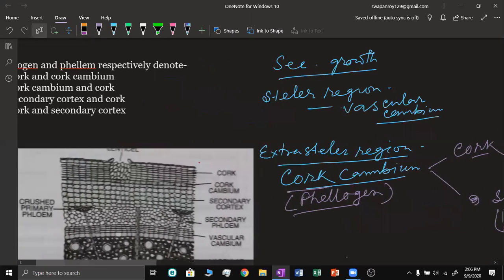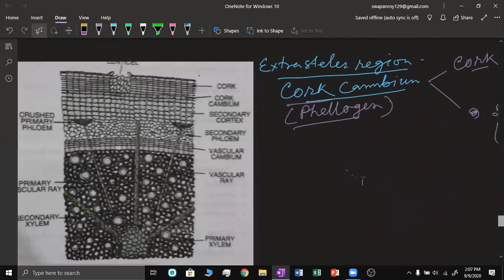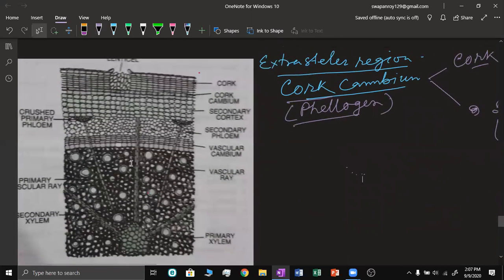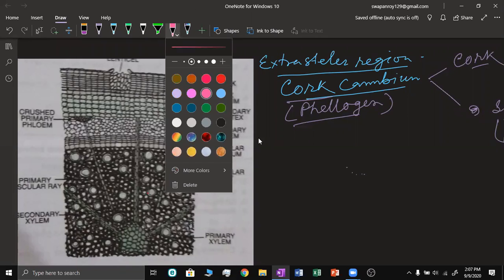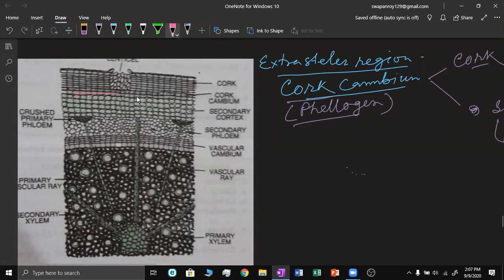Here is a diagram of a portion. Now this is the cork cambium, right?